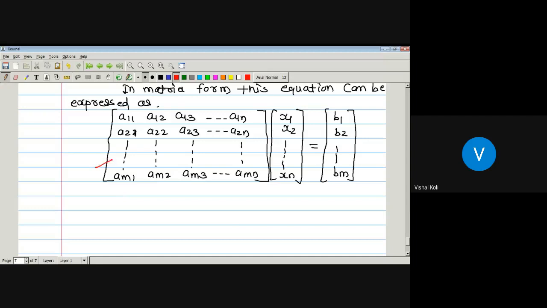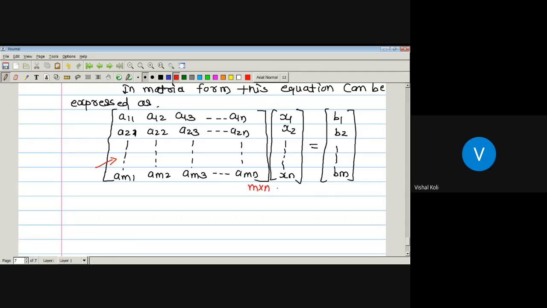As it has m rows and n columns, what should be its order? Does everyone hear me? This matrix has m rows and n columns, so what will its order be? m by n, n by m, or m by n? m by n.